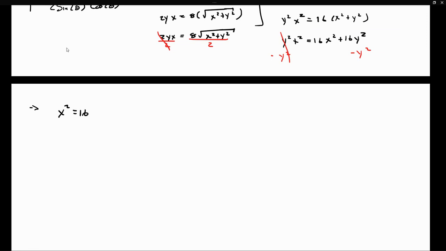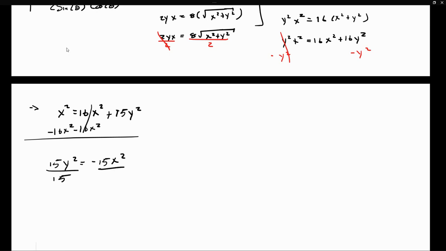So x squared equals 16x squared, so that'll be 15 y squared. Let's solve for y. I want to get rid of the negative 16x squared. So now we have 15y squared equals negative 15x squared divided by 15. So y squared equals negative x squared.